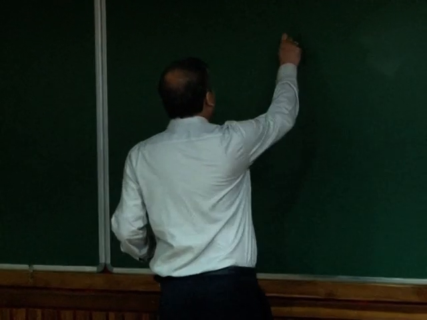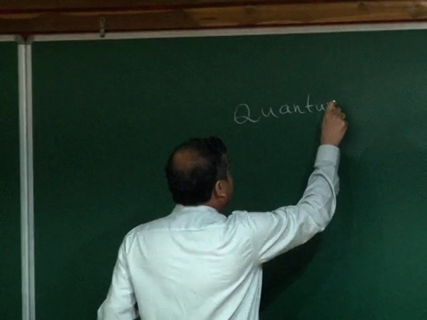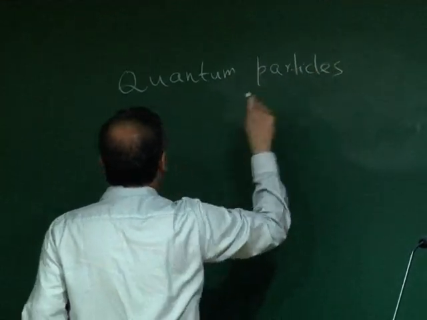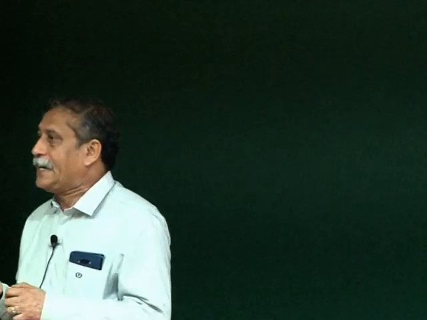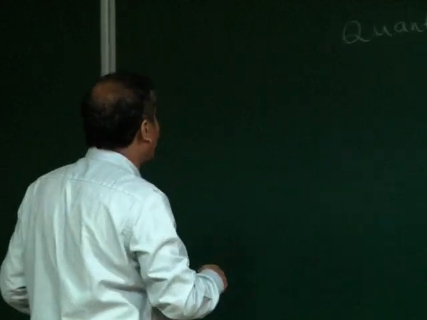So in general, this is for quantum particles, not just many electrons, but any quantum particles. One of the important parts of quantum particles is that they are completely indistinguishable. So when I say quantum particle, essentially it means they are completely indistinguishable. I'm going to show this for a two-particle Hamiltonian.